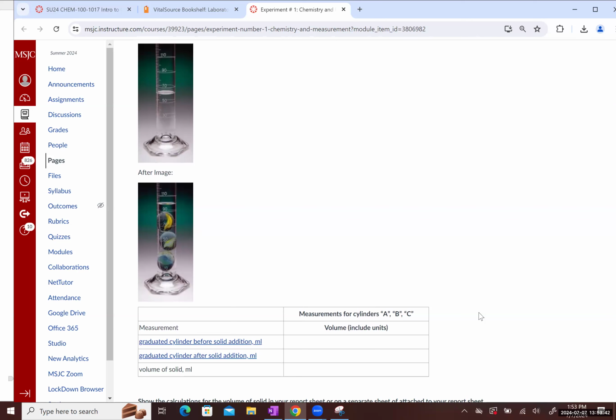We're going to record the graduated cylinder volume before solid addition and after solid addition. From 50 to 70, for 20 milliliters of volume, it takes us 1, 2, 3, 4, 5, 6, 7, 8, 9, 10.